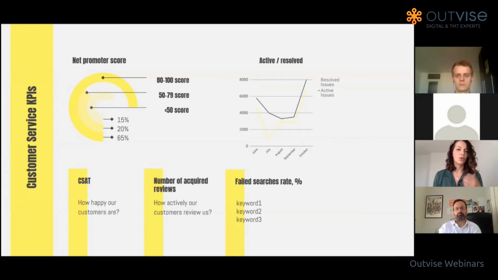So if you have many open issues and they are higher than the resolved issues, maybe it's a sign for you to hire more people, to give them better training, or to adjust something. So this KPI can also have a big influence on your customer satisfaction rate, because if they don't get their problems resolved in quite a short time, they may rate your service and product worse.